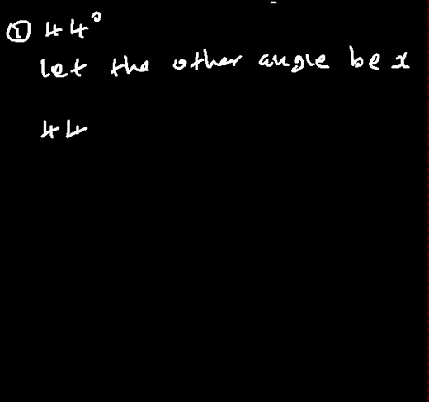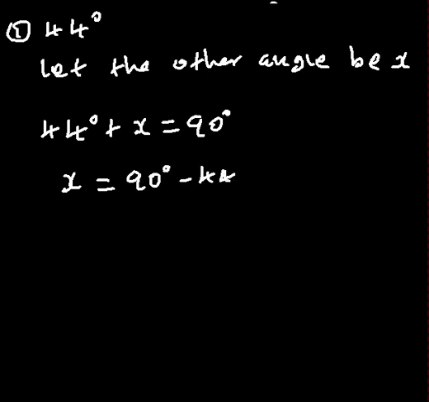Then we have 44 degrees plus x equal to 90 degrees. So angle x is the same as 90 degrees minus 44, which is 46. So we have 46 degrees. That is the complement of that.